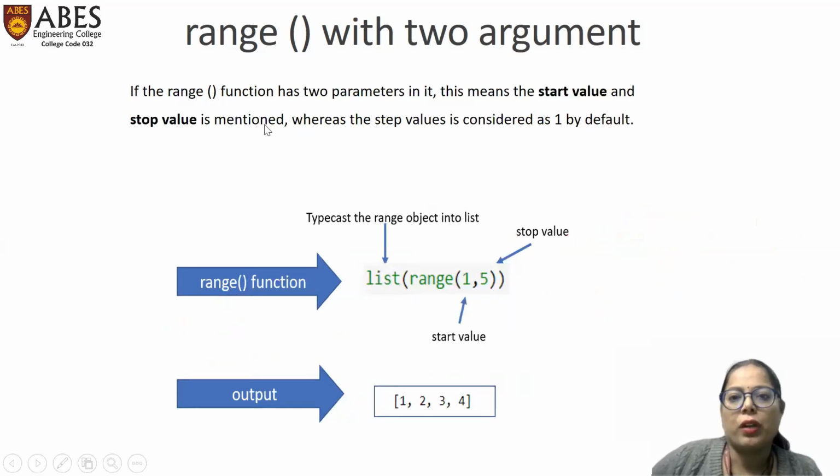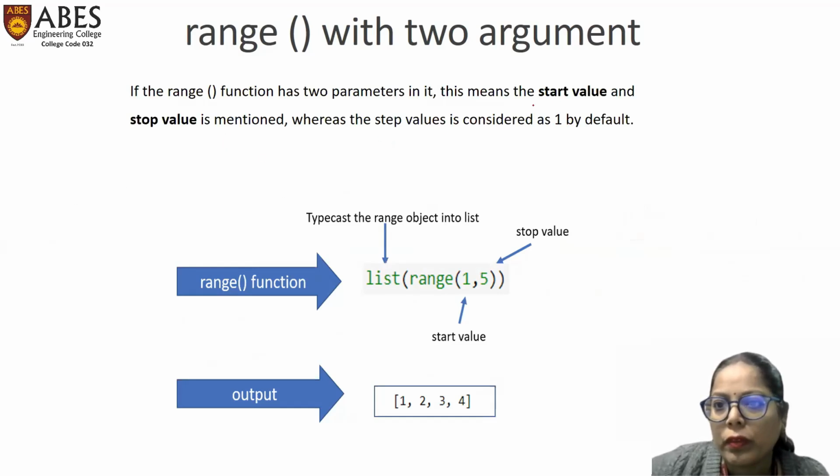Now range with two arguments. When we have range with two arguments, that means we have a start value and a stop value, and the step value will be taken as +1 by default. Here you can see that we have a start value of 1 and a stop value of 5.